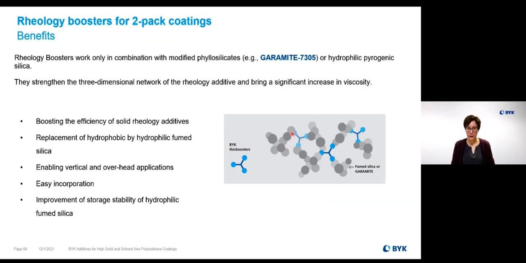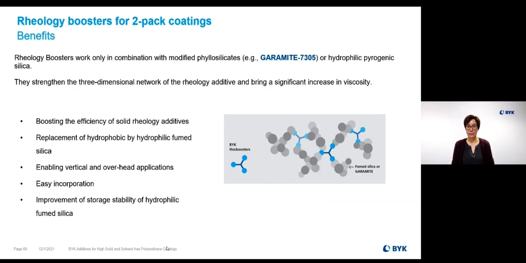Like you can see here, it builds a connection between the fumed silica and Garamide. And therewith, it brings a significant increase in viscosity. So we can say it boosts the efficiency of our solid rheology additives. It can replace hydrophobic by hydrophilic fumed silica. It is easy to incorporate, and we are able to improve the storage stability of hydrophilic fumed silica.